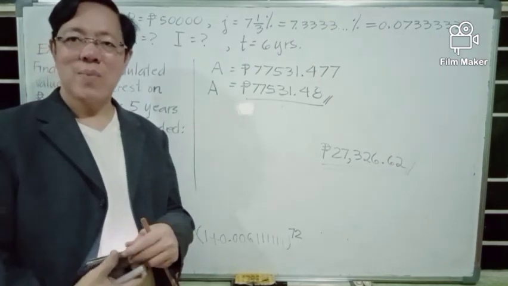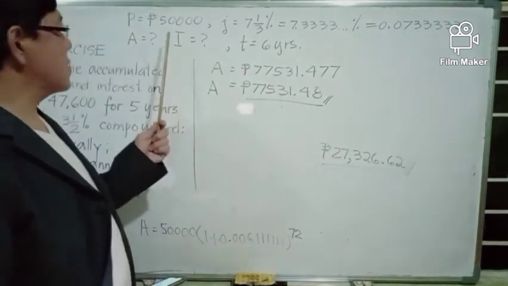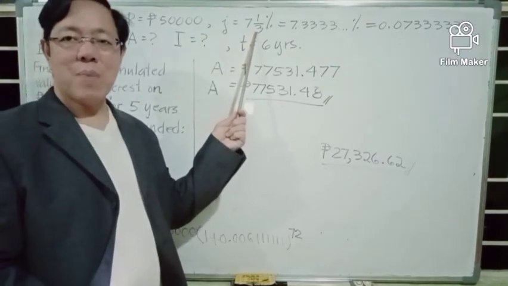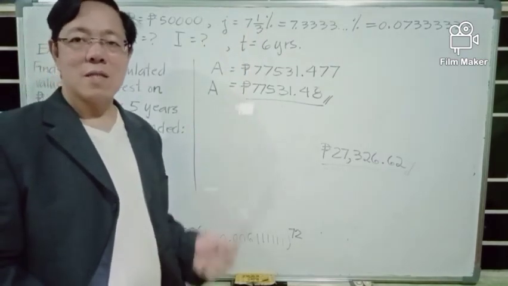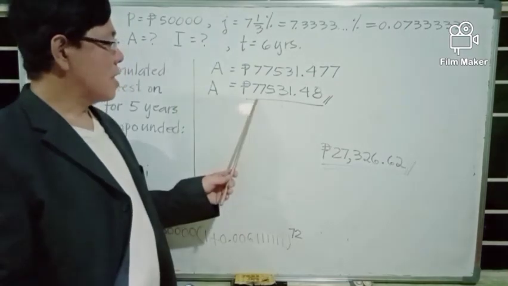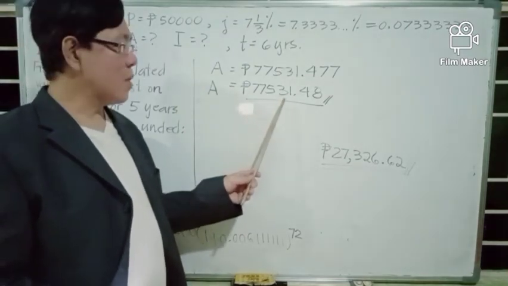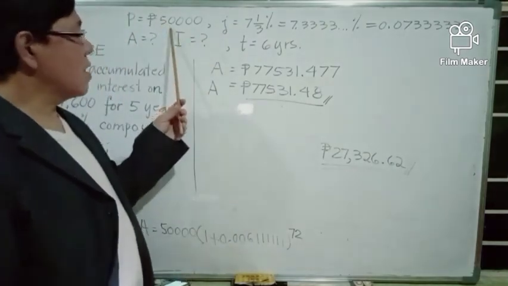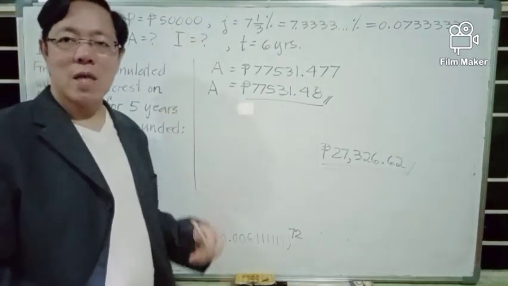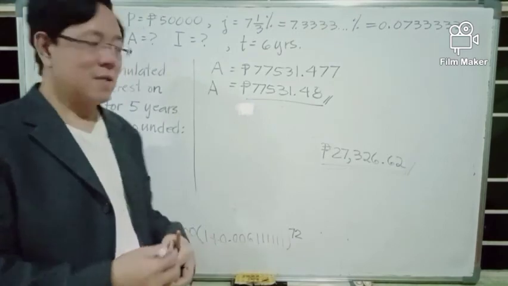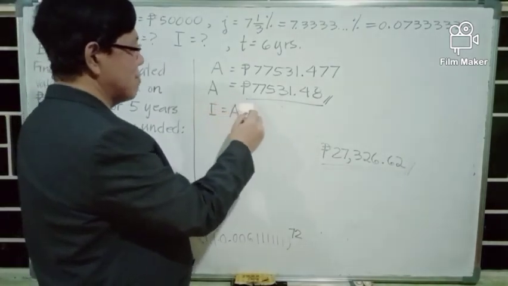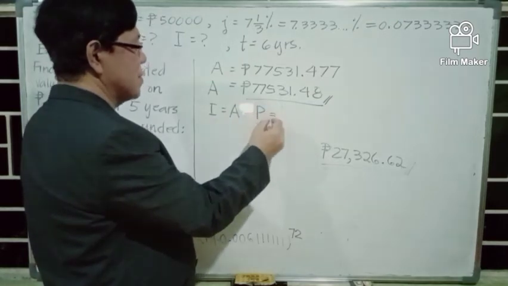The accumulated value of the principal of 50,000 pesos at 7 and 1/3% compounded monthly, as indicated in letter D, is 77,531.48, from which we subtract the principal of 50,000 pesos to get the amount of interest, capital I. Capital I is equal to accumulated value minus the principal.